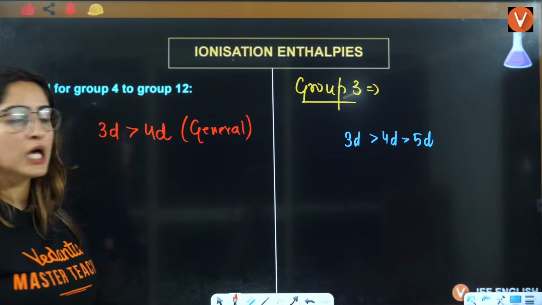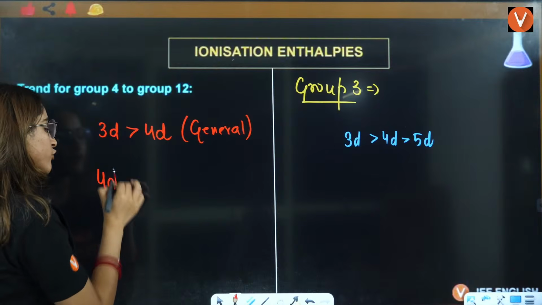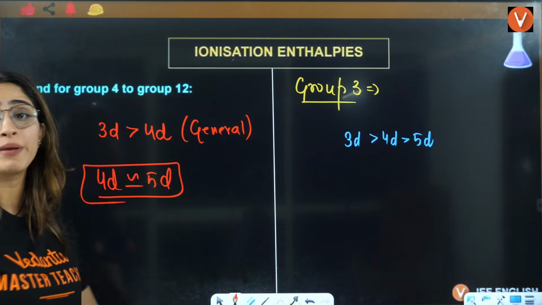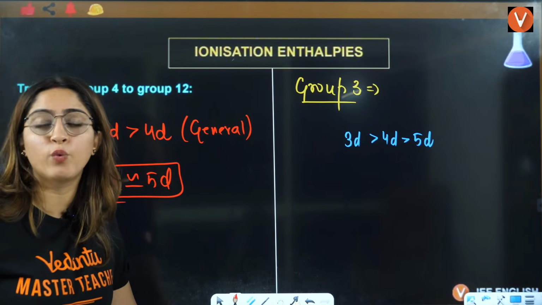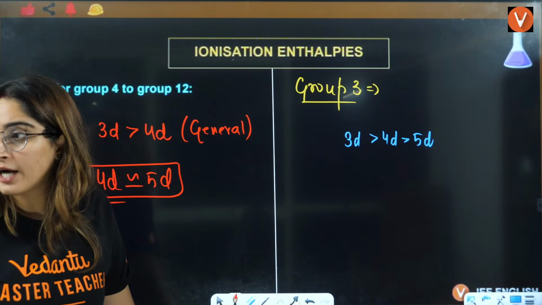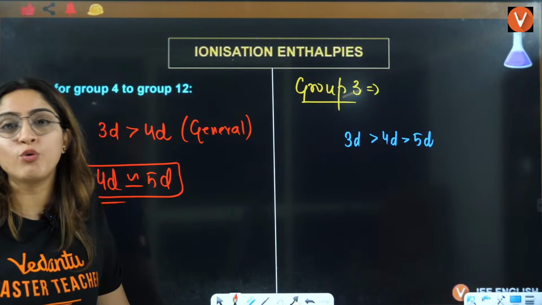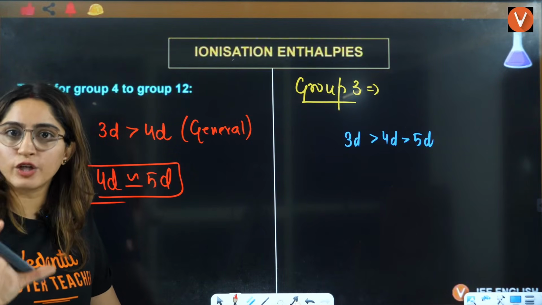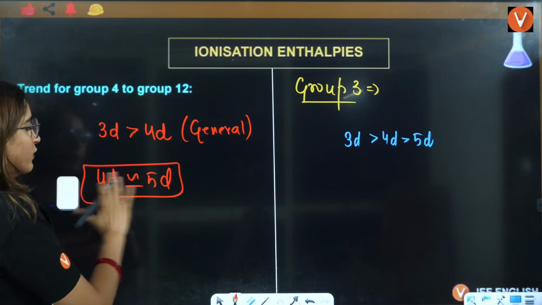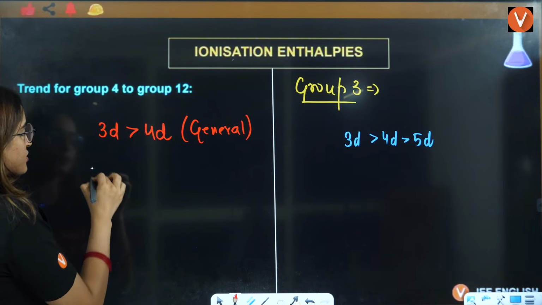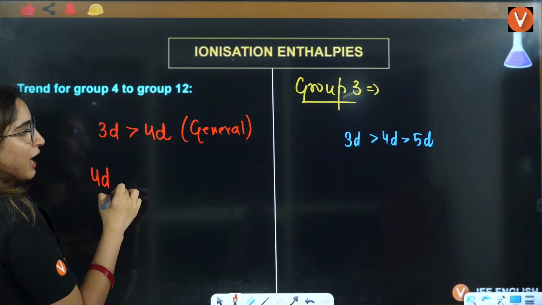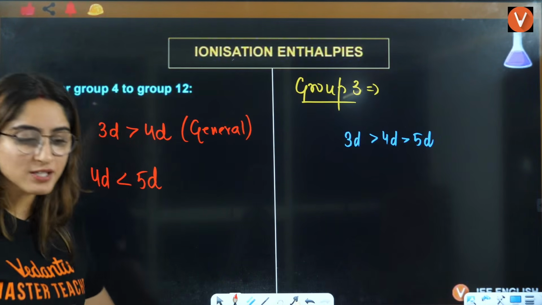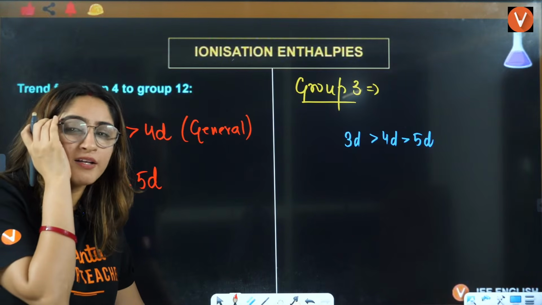But from 4D to 5D, the size was becoming equal. The atomic radius was becoming almost equal. That is the reason, because of the lanthanoid contraction, it will be opposite here. 4D will have less as compared to 5D, because 5D's size has decreased from what it was supposed to be.